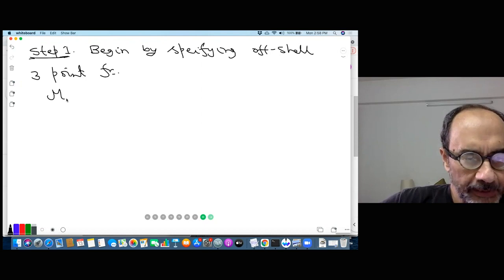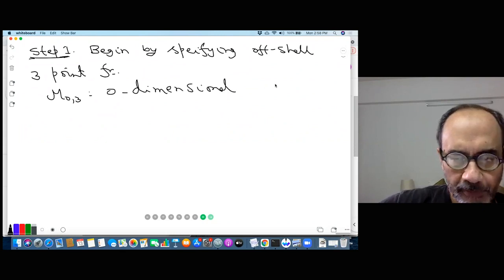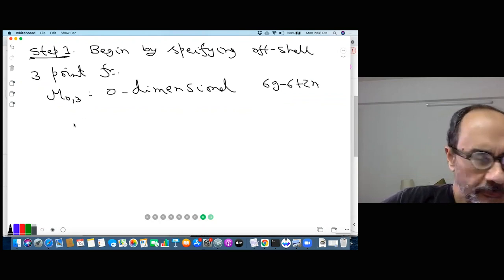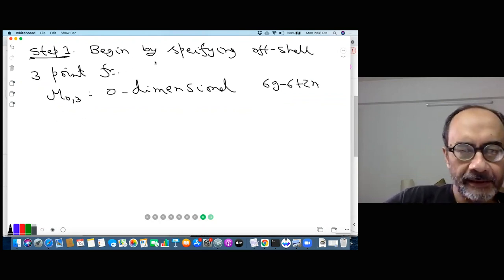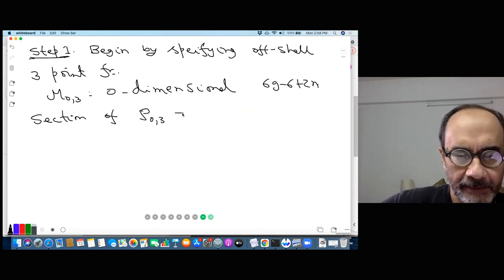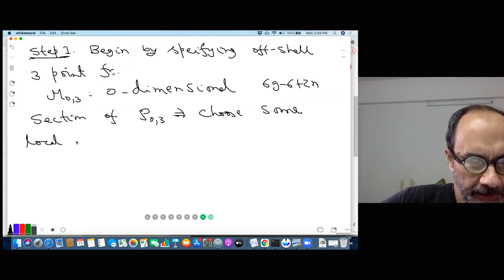So M_{0,3} is 0-dimensional. It again follows from the formula 6g minus 6 plus 2n; g is 0 and n is 3, so that's 0. So to specify the off-shell 3-point function, we need a section of P_{0,3}. The section in this case is 0-dimensional. This basically means that you choose some local coordinates at the 3 punctures.